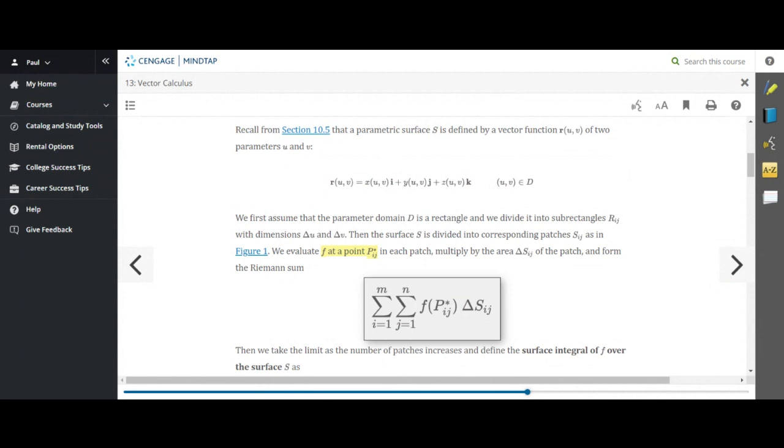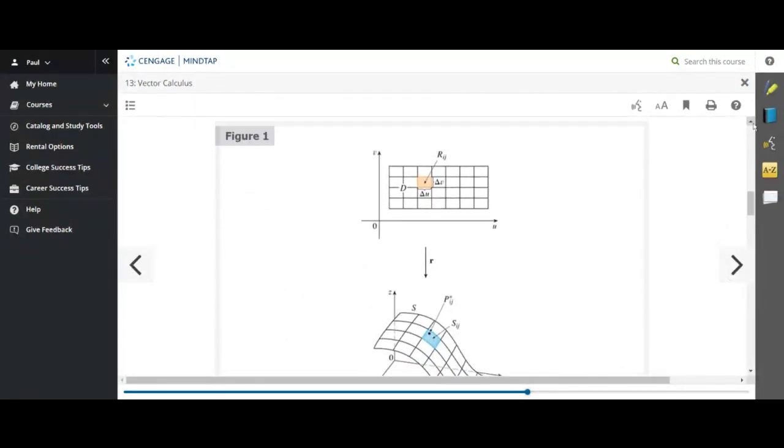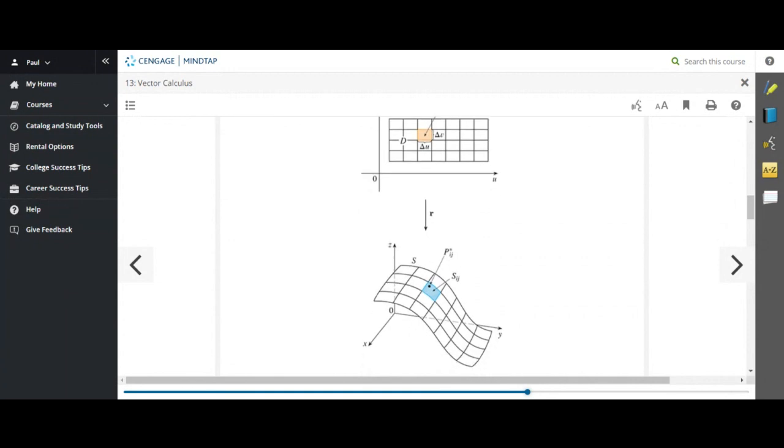So it's much like a line integral. And then we're going to add up all those values. Pictorially, this is what you're doing here. In figure 1, there's the surface, there's the ijth patch, and there's a point on the ijth patch. Take the area of the ijth patch and multiply it by the value of the function at that point, p sub ij.